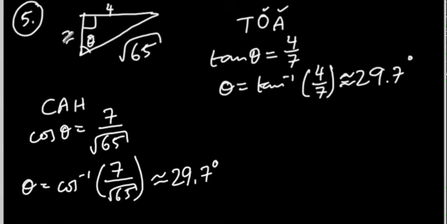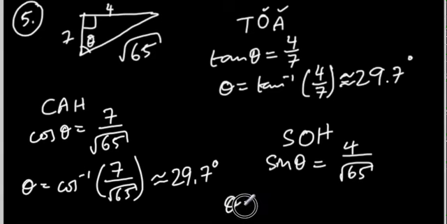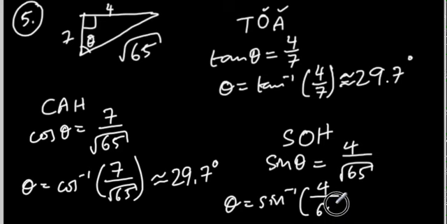And finally, if we want to use 4 and root of 65, 4 is opposite to theta, and root of 65 is the hypotenuse, so we have sine. So sine theta is 4 over root of 65, so theta is sine inverse of 4 over root of 65, which is, again, roughly 29.7 degrees.